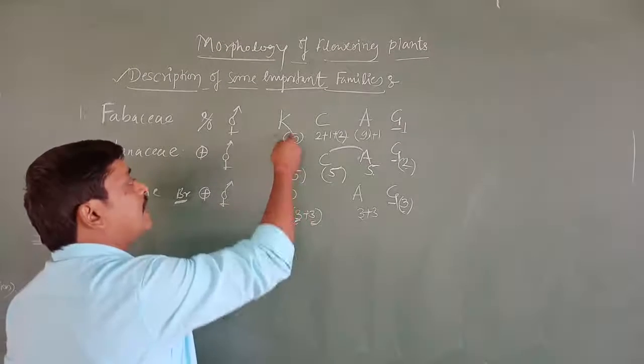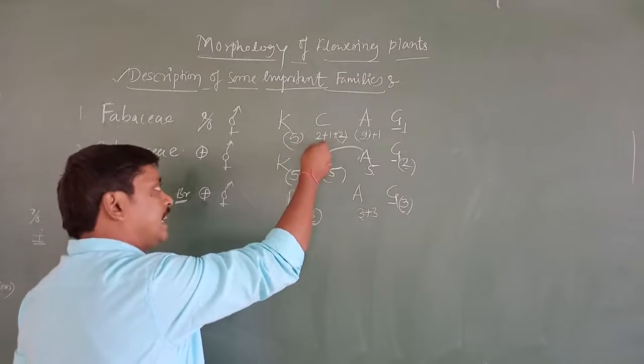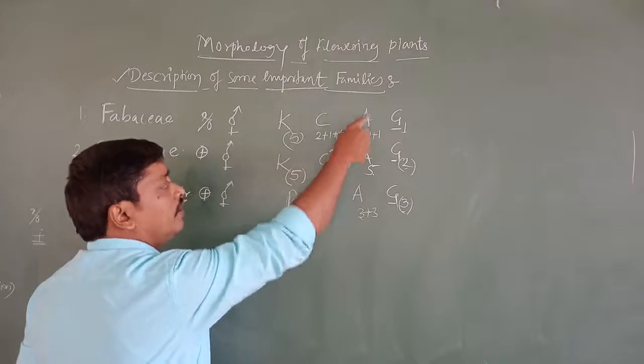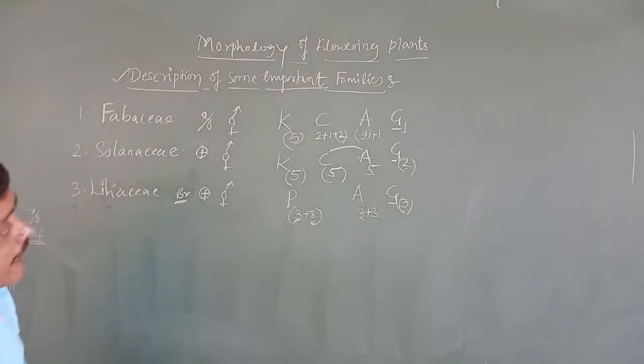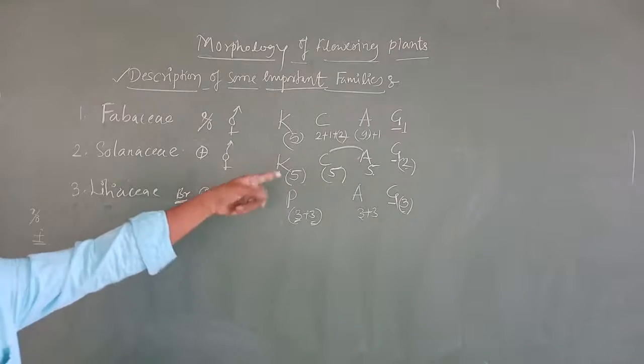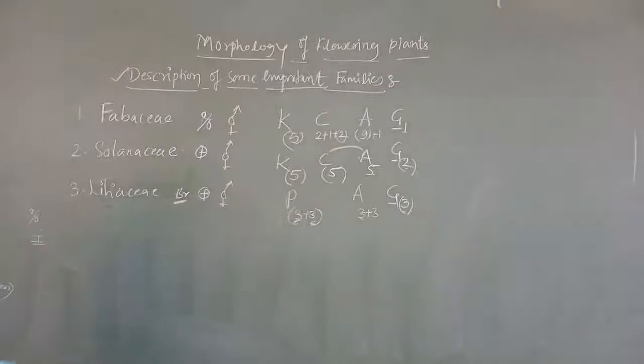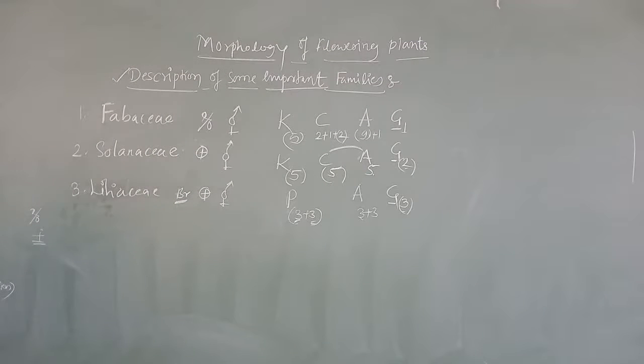The next one, as it is, this is 5, here also 5, but that breaks down into 2 plus 1 plus 2, then androecium is 9 plus 1. In such a way we are going to remember the floral formula.